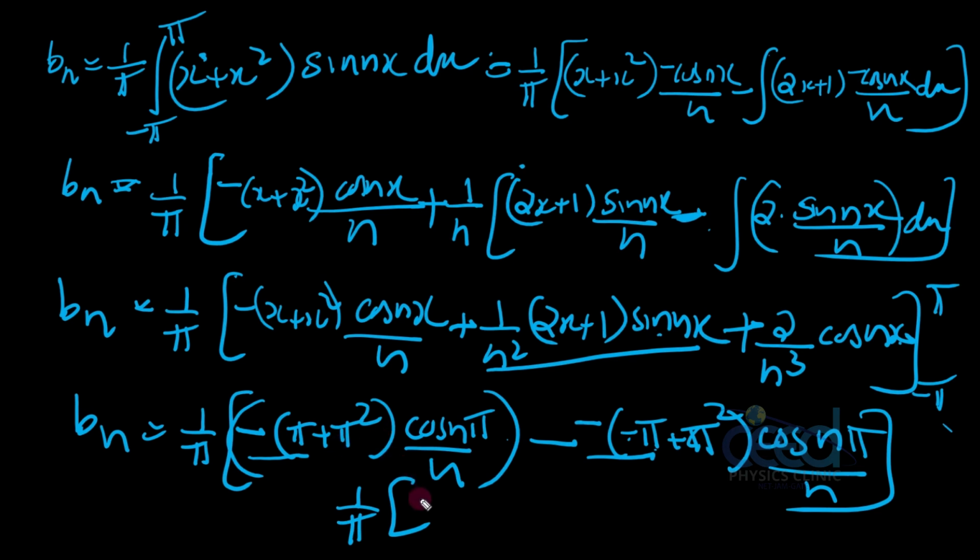So the remaining term is pi into, so double the term, that is 2 into pi into, so here pi, and the common term is cos n pi by n, right?